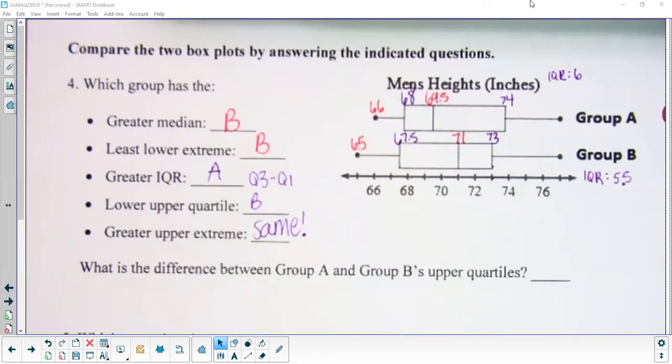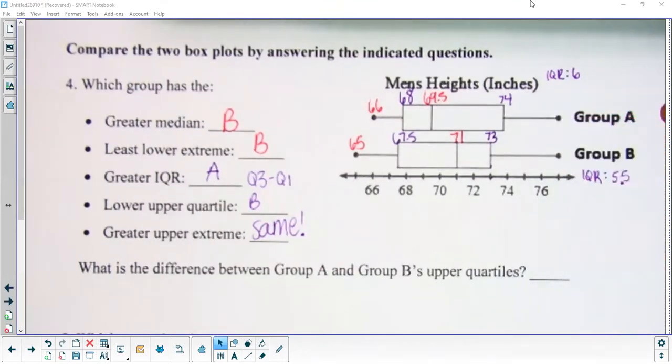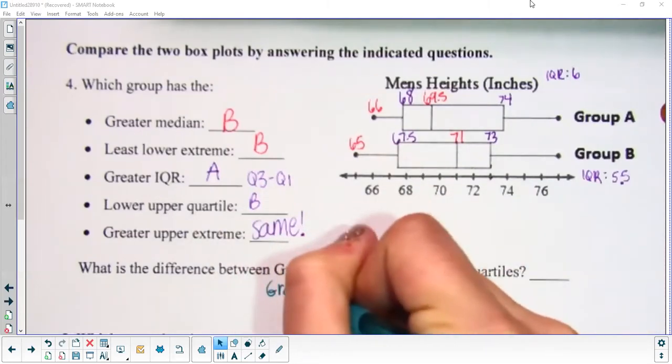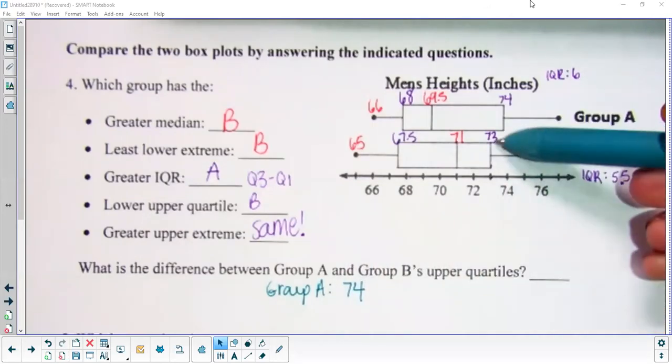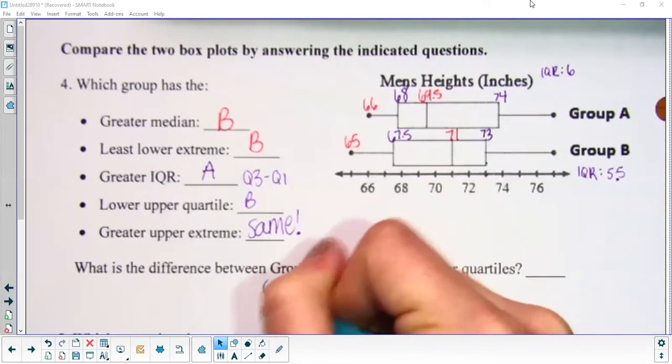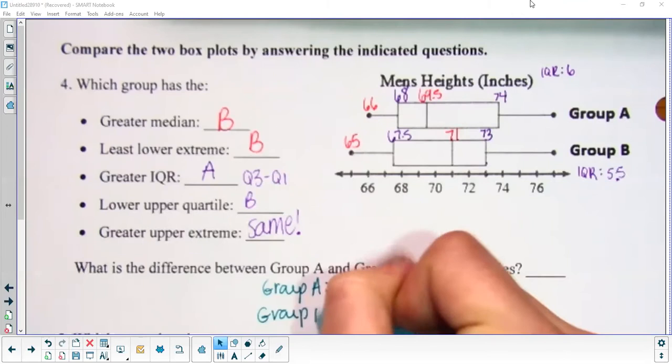So now, this question is very similar to what the test question is going to say. What is the difference between group A and group B's upper quartiles? Well, here, group A's upper quartile is 74. Group B's upper quartile is 73.